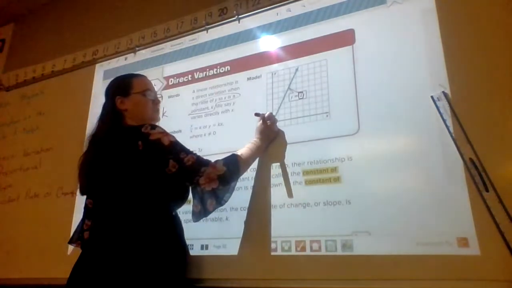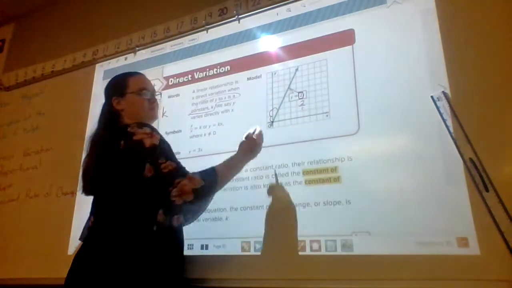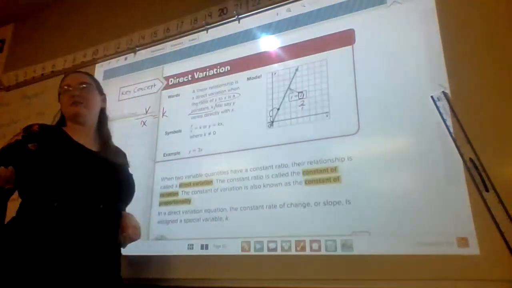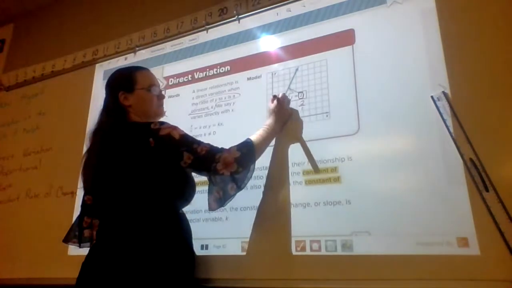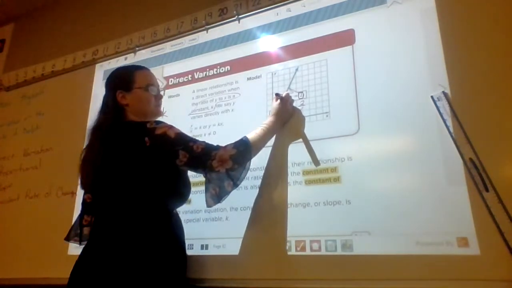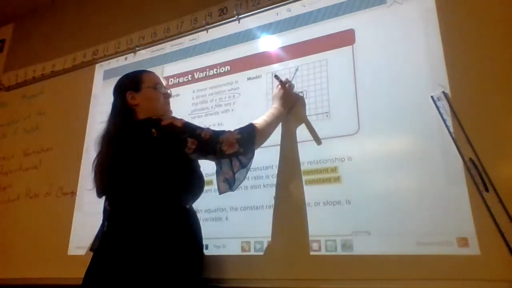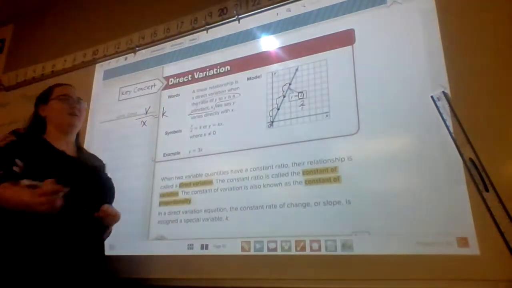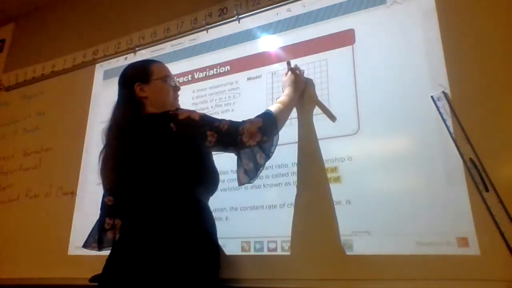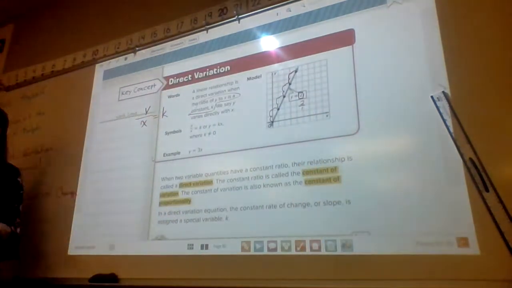I go up 2 over 1. Is the next dot on the line? Yeah. Up 2 over 1 again. Is it on the line? Yeah. This is what your slope does. It plots these points so that you can draw a straight line.